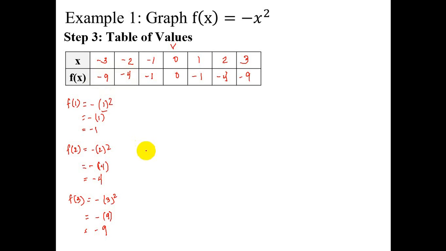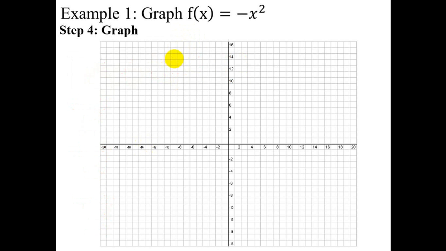The next thing is we can now graph using these points. Let's start with point (0, 0). Point (0, 0) is also the origin. You have to take note as well that since A is equal to negative 1, the graph opens down.